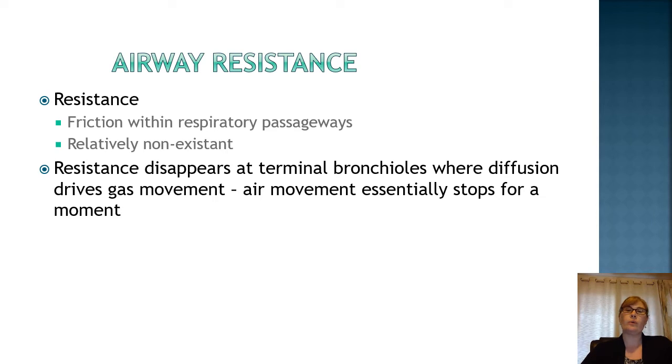At the terminal bronchioles, we end up having no more resistance, because from that point forward, we're doing gas exchange. The actual movement of the chemicals in the air at that point is dependent upon diffusion. And so the air is going to stop for a little bit, so that we can do that exchange.